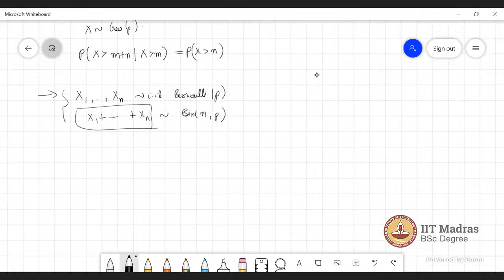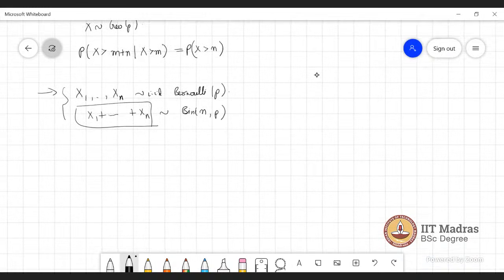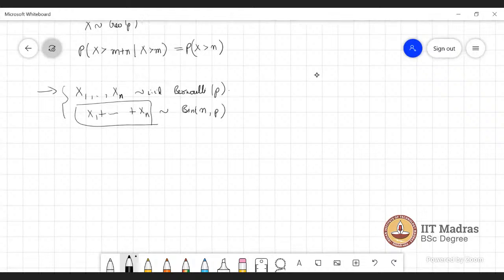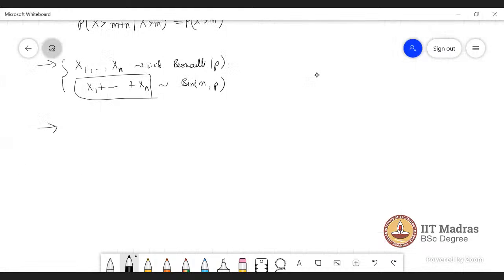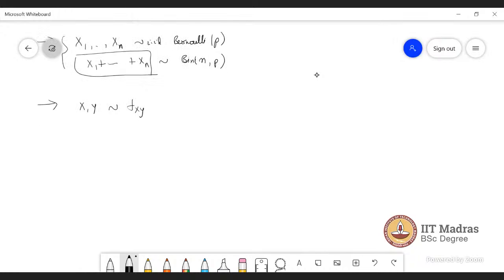Then there is one thing that will be needed to solve many problems. If you have two random variables, let's say x and y, with joint distribution fxy, and you define another random variable z equal to x plus y, what is the distribution of z?